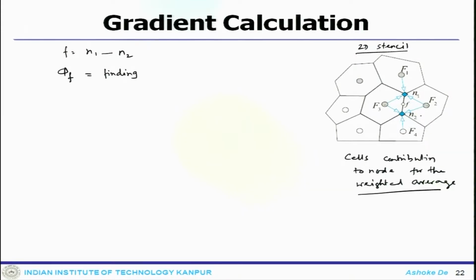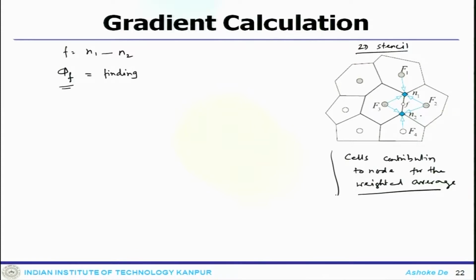Now, while calculating this surface flux, you need information at the nodal point. So the properties at a vertex node are calculated using a weighted average. Now, how do we take the weighted average? We take some sort of an inverse distance function to calculate this kind of weighted average.